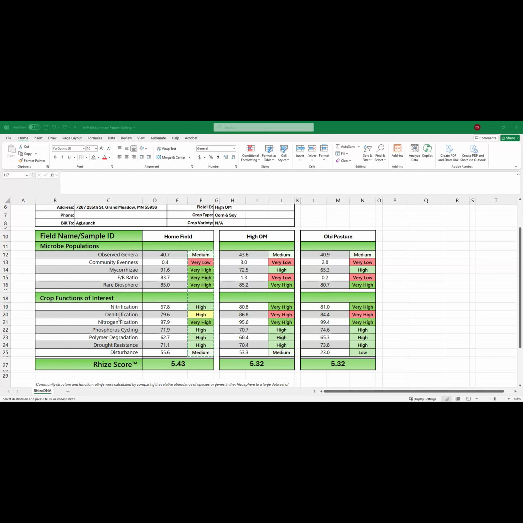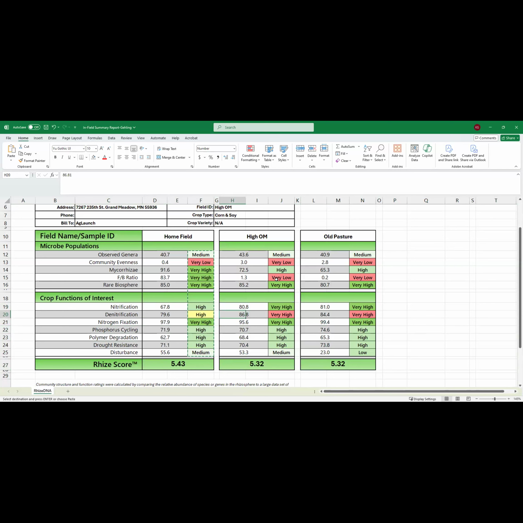I was going to throw out that these are all really high scores. I don't know if Josh really hammered on that, but these are great, and you really do see that in these three nitrogen cycling values here, and then the phosphorus cycling and polymer degradation. Those are really good, really strong nutrient cycling across the board in these samples.